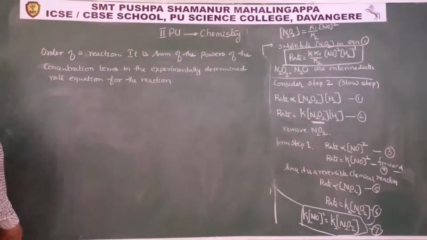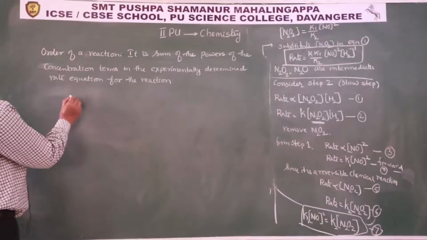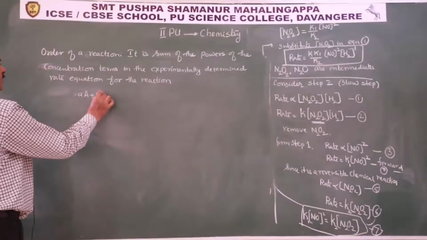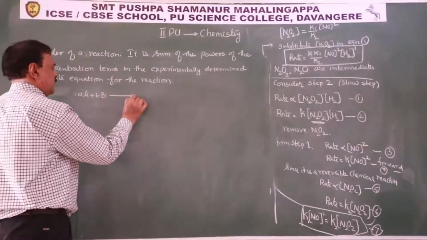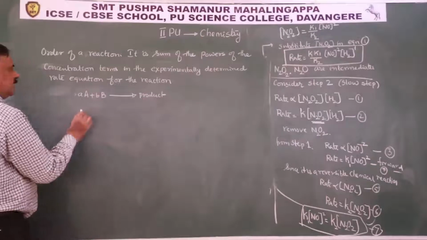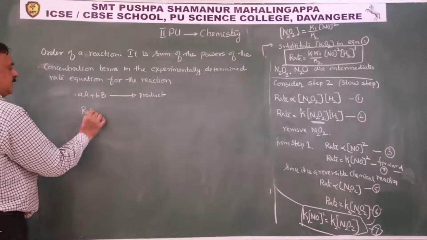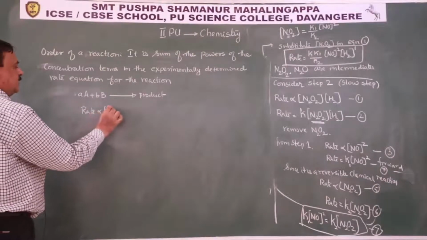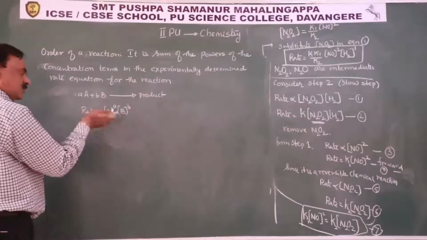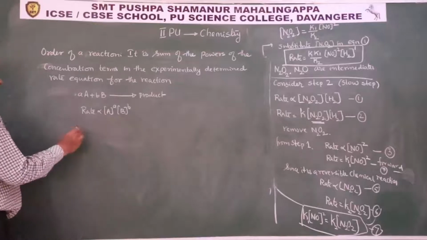Consider A plus B giving rise to products. Then the rate is equal to [A] to the power a into [B] to the power b. Assume it is an experimentally determined rate equation.